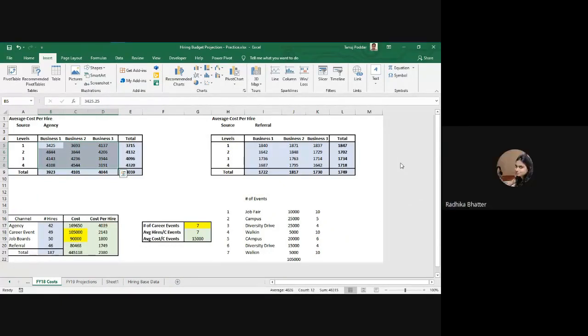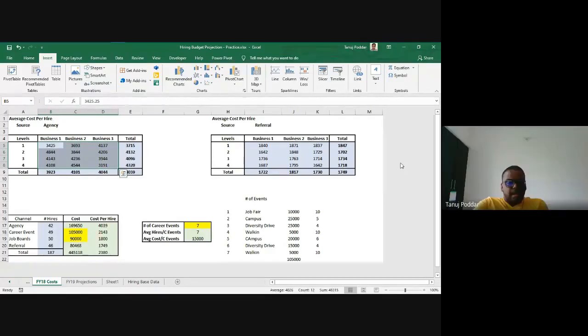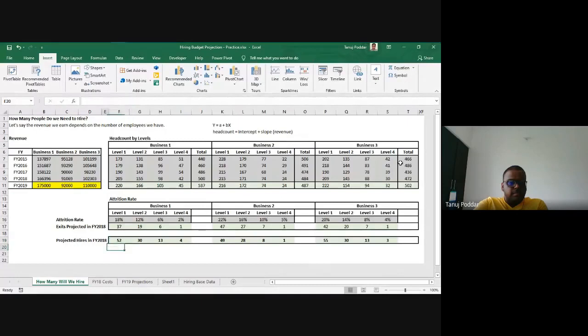Okay, sir, got it. Thank you. And this mix also varies, because one thing we have kept variable here is the revenue. How many people we will have in business 1, business 2, business 3 is also controlled by the revenue that we inserted at the very first instance.